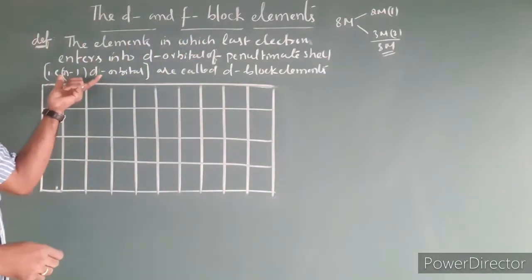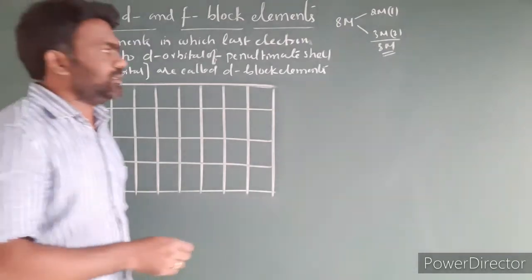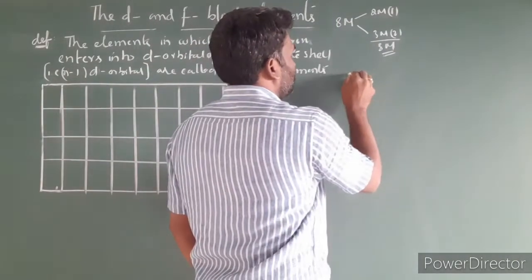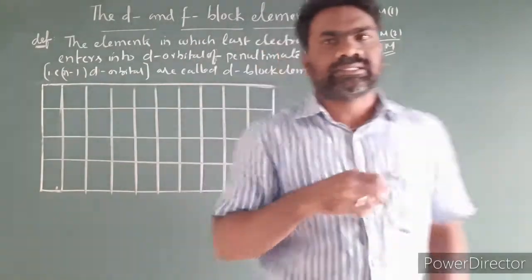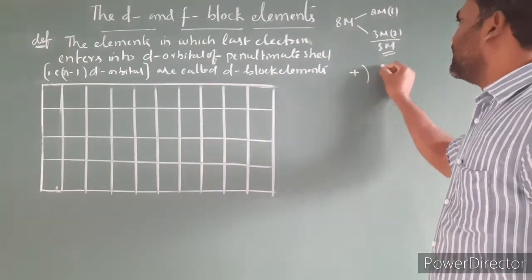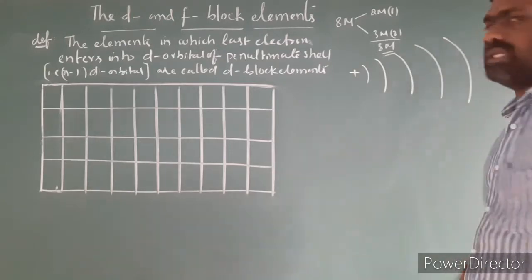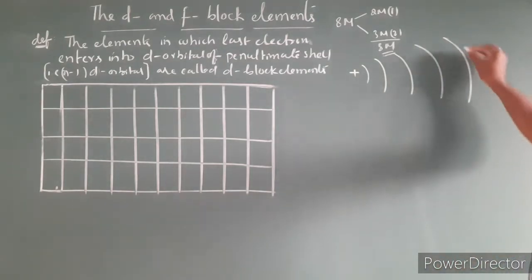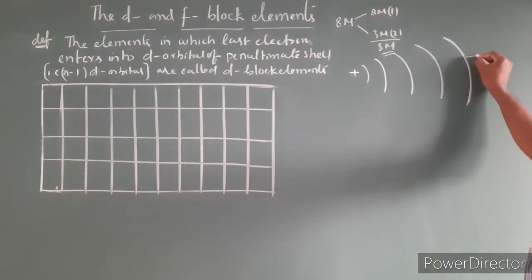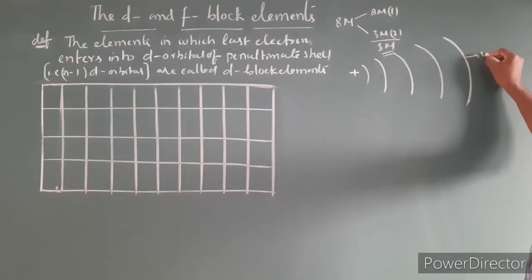First we need to understand what is the n-1 d orbital or n-1 d subshell. I'm taking an atom with a nucleus; this is the first shell, the second shell, the third shell, the fourth shell, and the fifth shell.